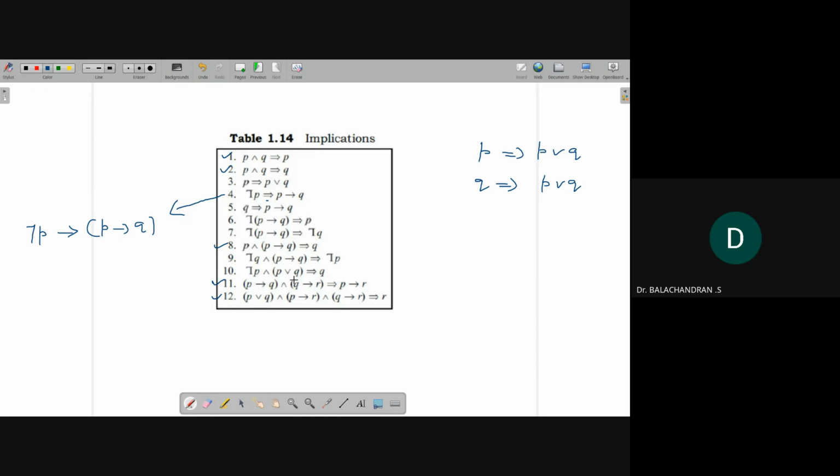So P implies Q and Q implies R is not equivalent, but tautologically implies P implies R. And here P or Q, and here R, implies and Q implies R. I think I never used that last one.